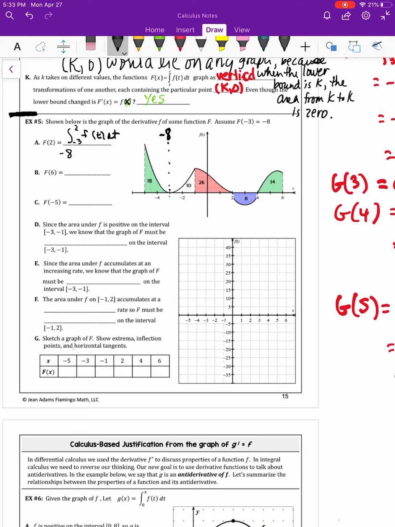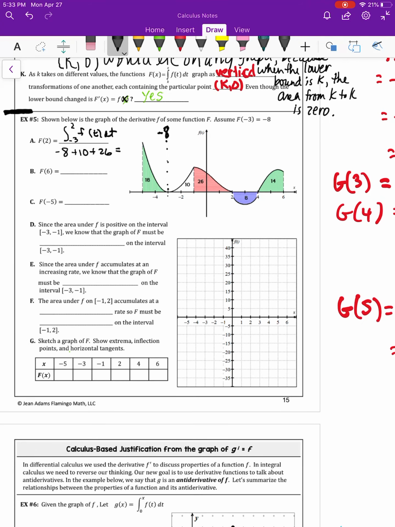And so we were at negative 8 at negative 3, and so then we would add 10 and add 26. And so 36 minus 8 leaves us at a value of 28.